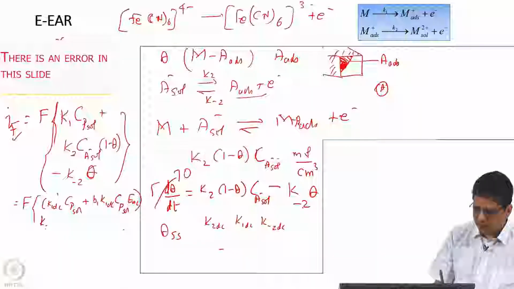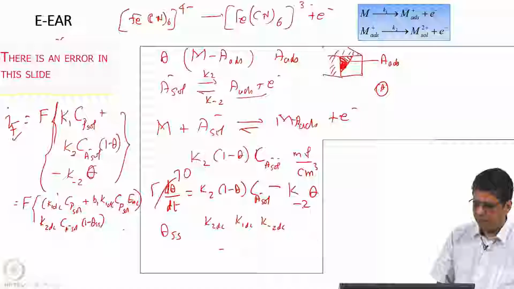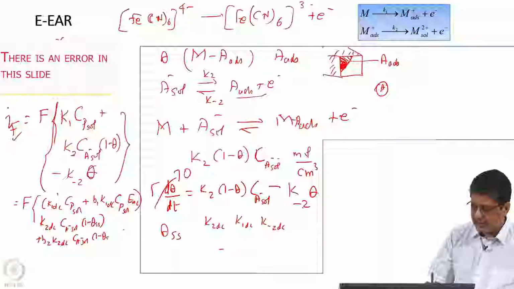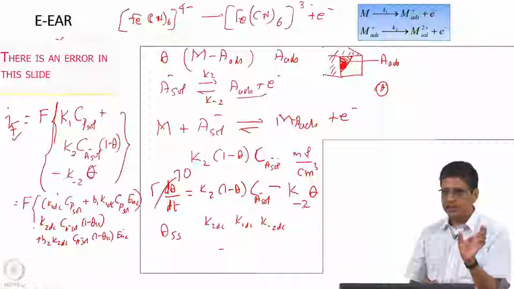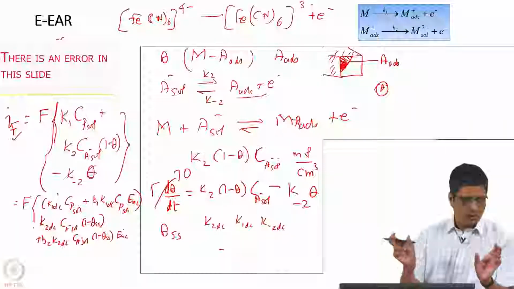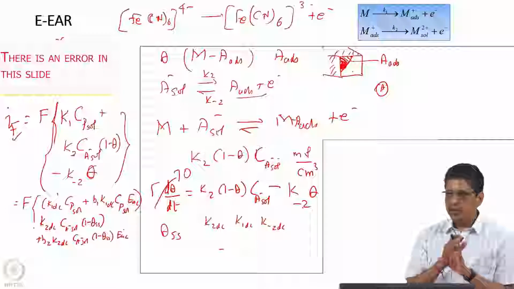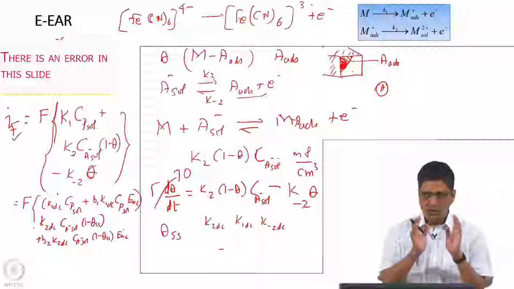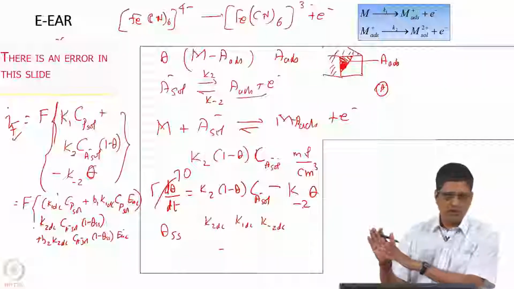Similarly, K2, I am going to write it as K2 DC C minus solution 1 minus theta SS plus B2 K2 DC C minus solution 1 minus theta SS EAC. See, if you remember, K2 is expanded and then truncated, so you would get two terms there. Theta would be expanded and truncated, you would get two terms there. And when we multiply, we are going to get one constant, two EAC terms, one EAC square, which we are going to neglect.